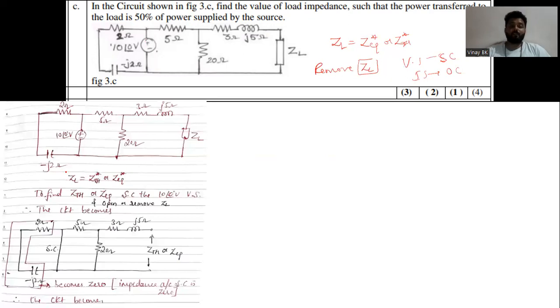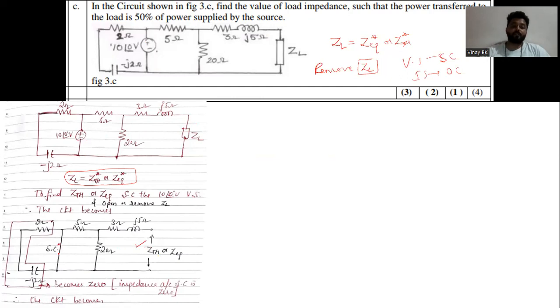ZL is the complex conjugate of ZTH or Z equivalent. To find ZTH, short circuit this voltage source and remove ZL, and the circuit looks like this.